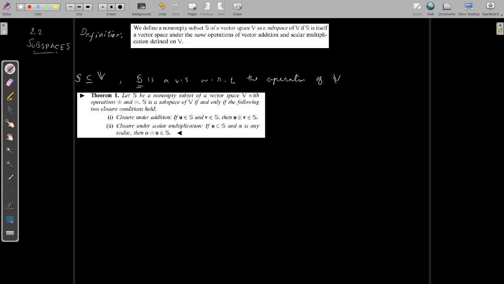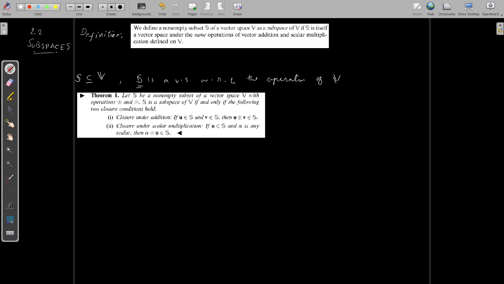If we choose any u belongs to S and v belongs to S, then their sum u plus v should be in S. That is the closure property of the addition. Similarly, the closure property of scalar multiplication should be satisfied by the subset S. That means u an element of S and alpha any scalar, then alpha u, the scalar multiple of u with alpha, should be an element of S. So this is the theorem.